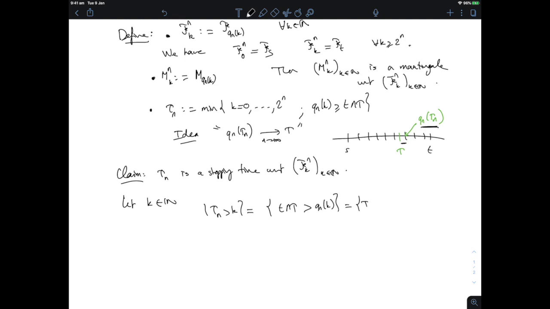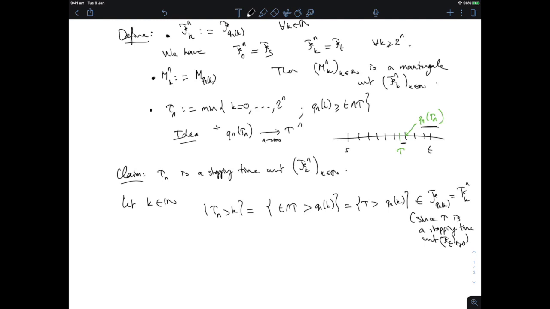So this is really the same thing as saying that tau has to be greater than qn of k. But now, because tau is a stopping time with respect to the continuous time filtration, this has to be in F of qn of k, since I can apply that for the choice of t being qn of k. And that's exactly by definition F_k^n.